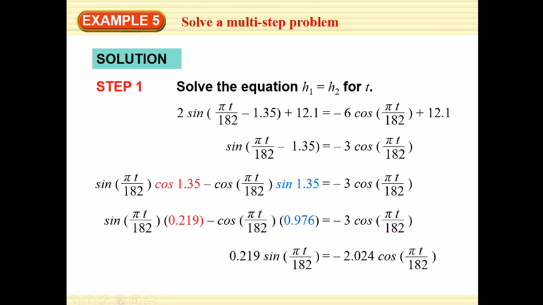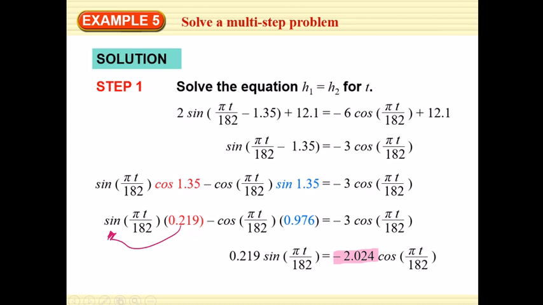Alright, so then I get that -3 plus that 0.976 cosine, and that is what results in the -2.024 cosine of pi t over 182. And of course I moved this number out here in front as a coefficient.